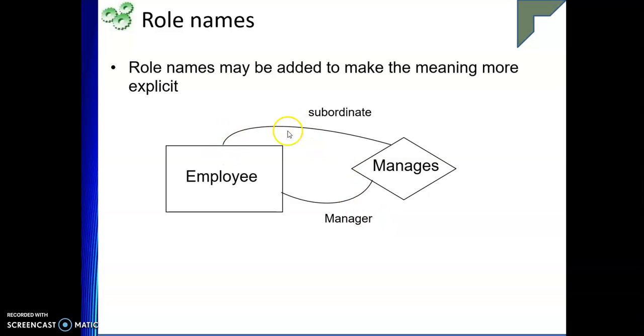One who is under the management will be called the subordinate. In a department, one will be the HOD, the other will be the subordinate. In an industry, one employee will be managing another employee, so that employee will be the manager and the other will be the subordinate to it. So role names help us give explicit meaning when we talk about that relationship.